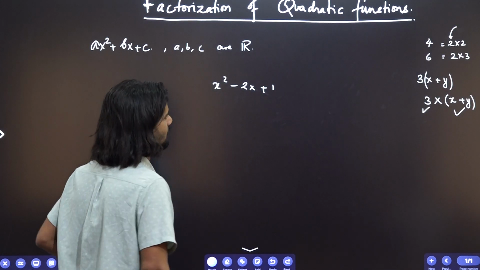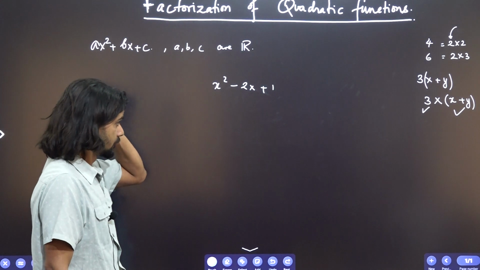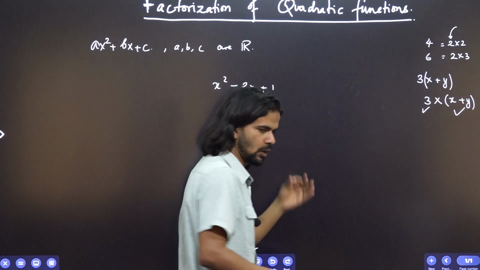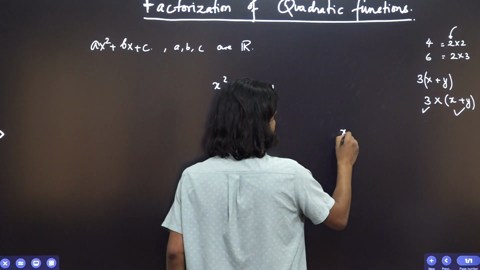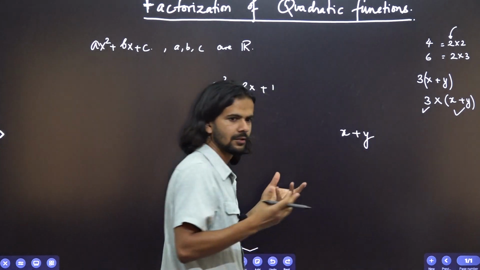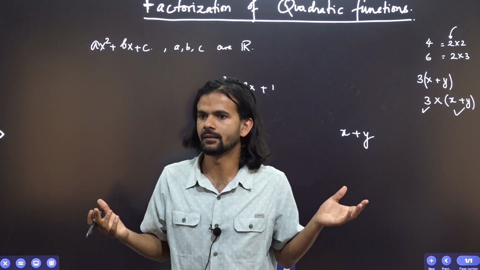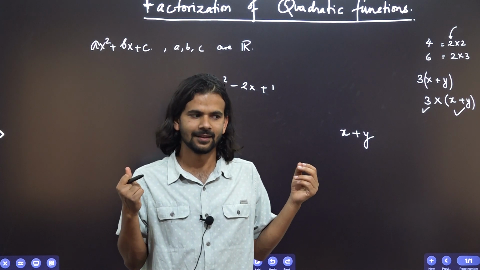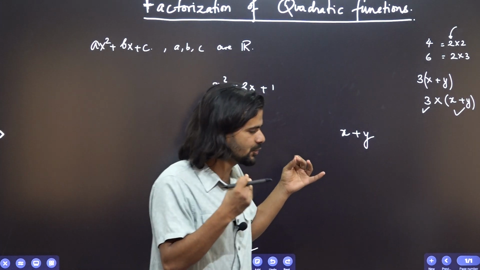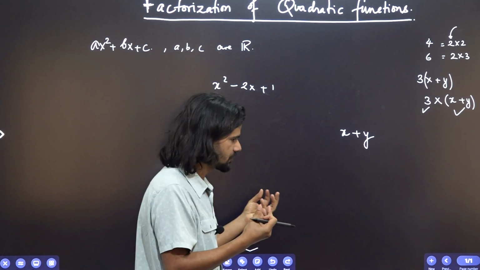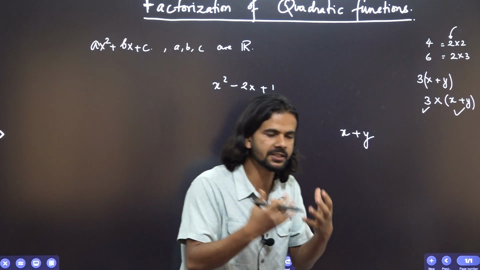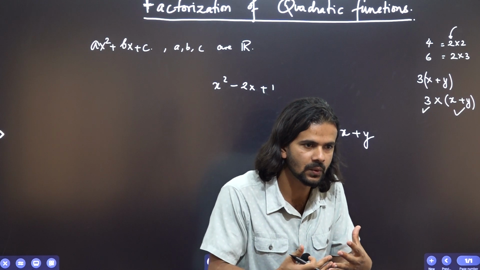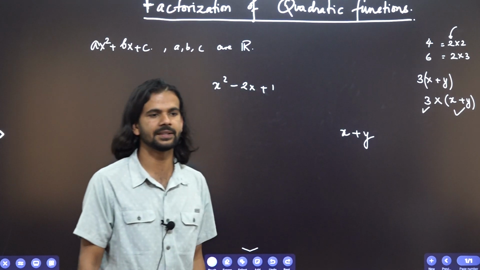All right. So similarly, let's take another example. Let's say x plus y. What are its factors? Can you find two expressions that when multiplied give you x plus y?